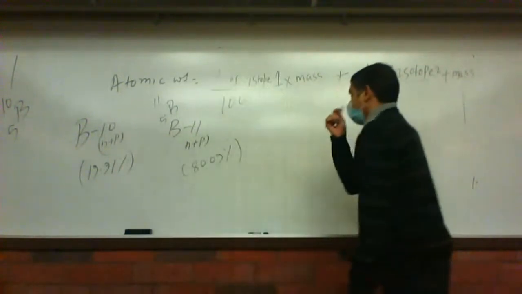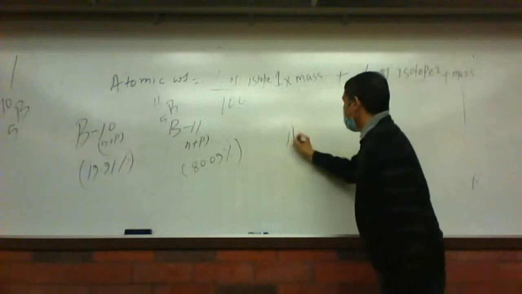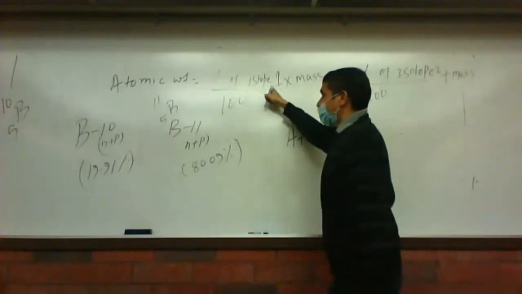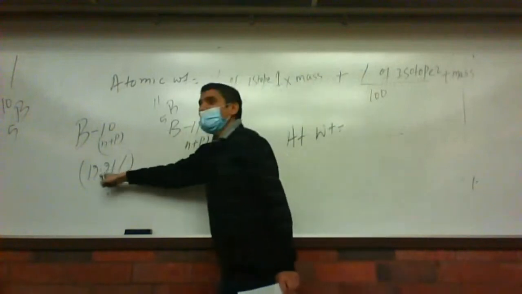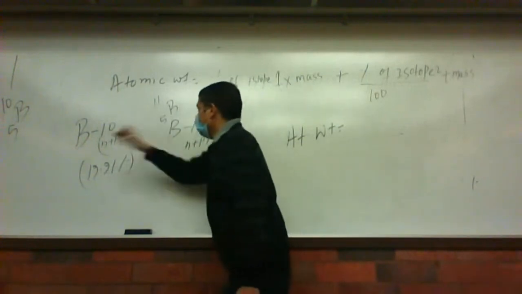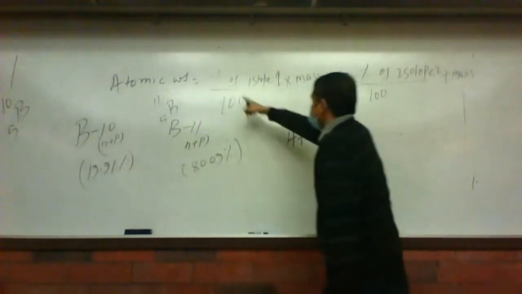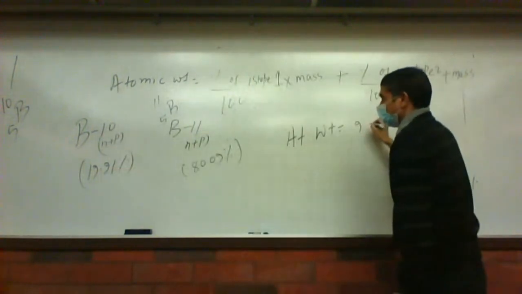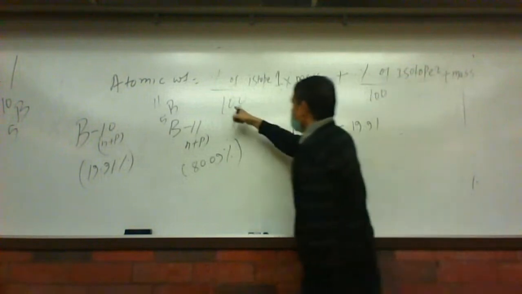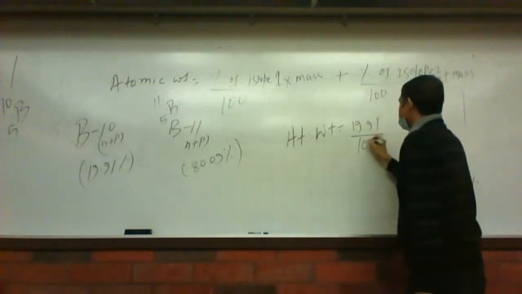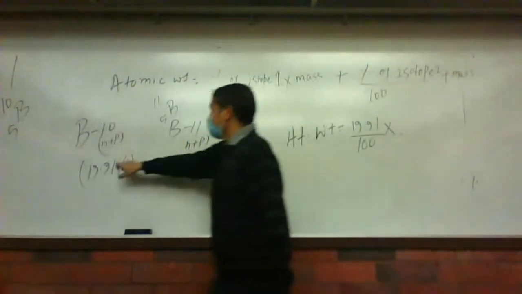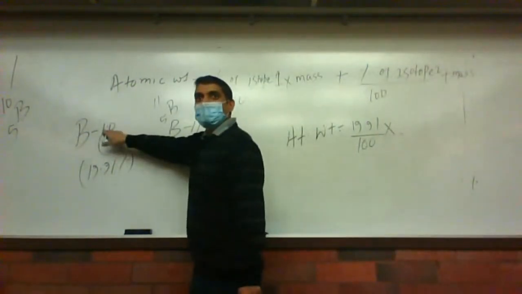So apply that formula. Atomic weight equals this formula, the percentage of isotope 1. Isotope 1 is 19.91, so I'm putting 19.91 there. That's a percentage, and I put 100 down here, and then I multiply by its mass. Its mass is 10, right?